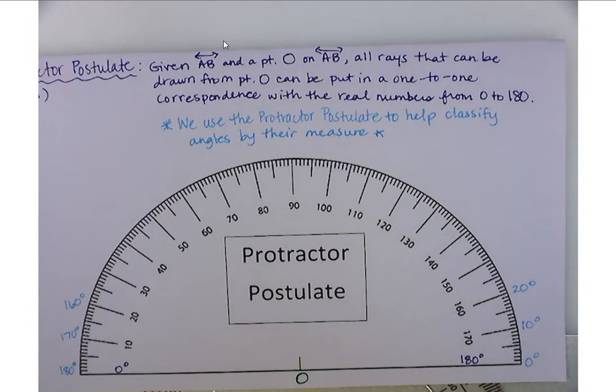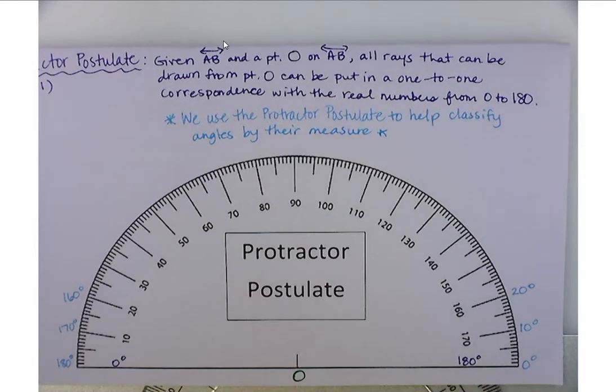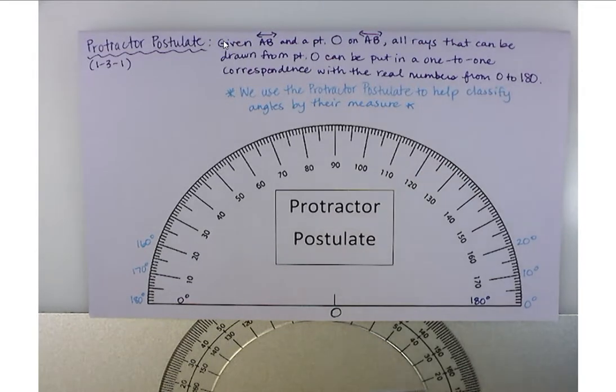Guys, again, just a reminder, what I have here, you should have on yours. In the beginning, I'll constantly remind you to make sure you're with me, but eventually you're going to have to make sure you're with me yourself. If you are all done writing that down, you can go ahead and flip up your protractor postulate.